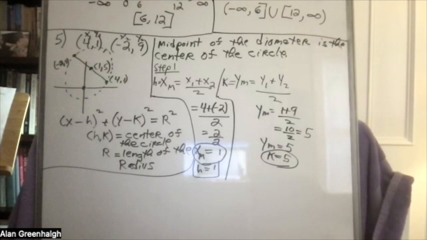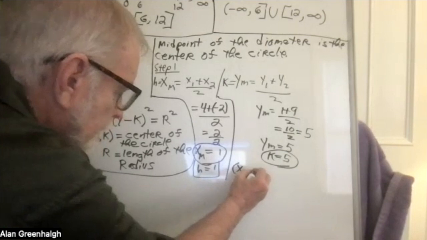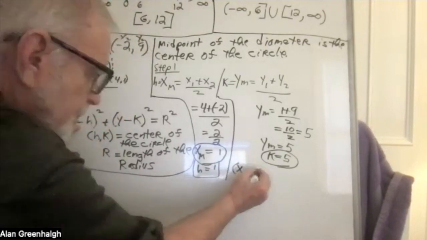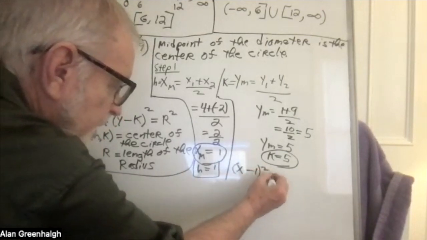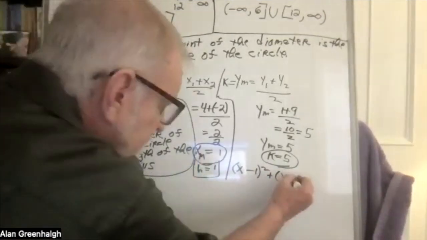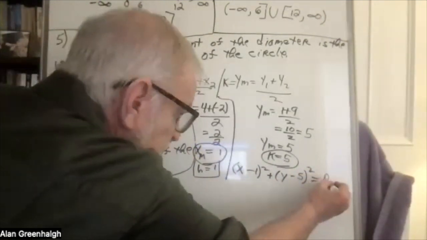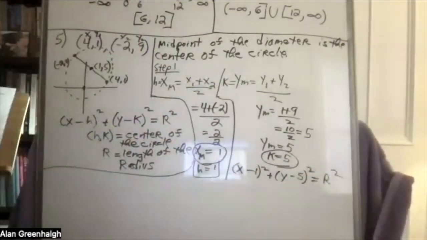Okay. Now we go back to the general form of the circle and substitute: x minus h squared plus y minus 5 squared equals r squared. So that's what we know so far.